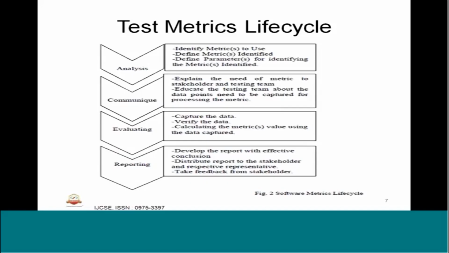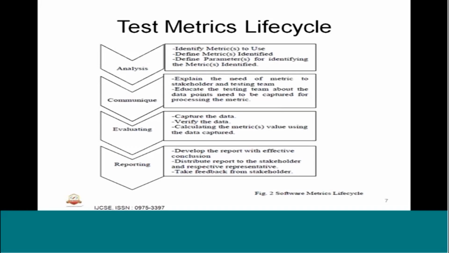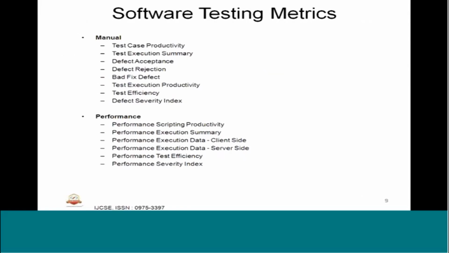Then we report it effectively in various formats, either using a tool or any documentation that is useful for the stakeholders. Similarly, we take feedback from the stakeholders about the complete report of the test metrics. Then we studied the software testing metrics types: manual, performance, and automation testing metrics.